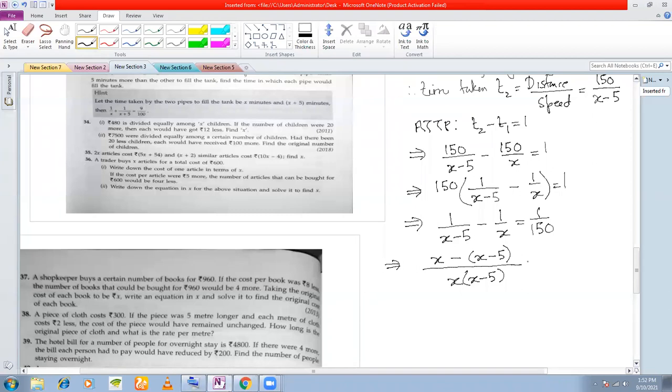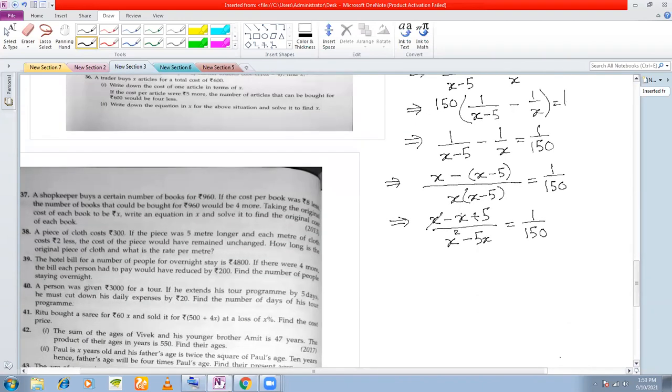Do not get confused with the brackets, always put brackets. So this is x minus (x minus 5), that is x minus x plus 5, and in the denominator, you have x square minus 5x, equal to 1 by 150. Now you can cancel x and minus x in the numerator to get 5.